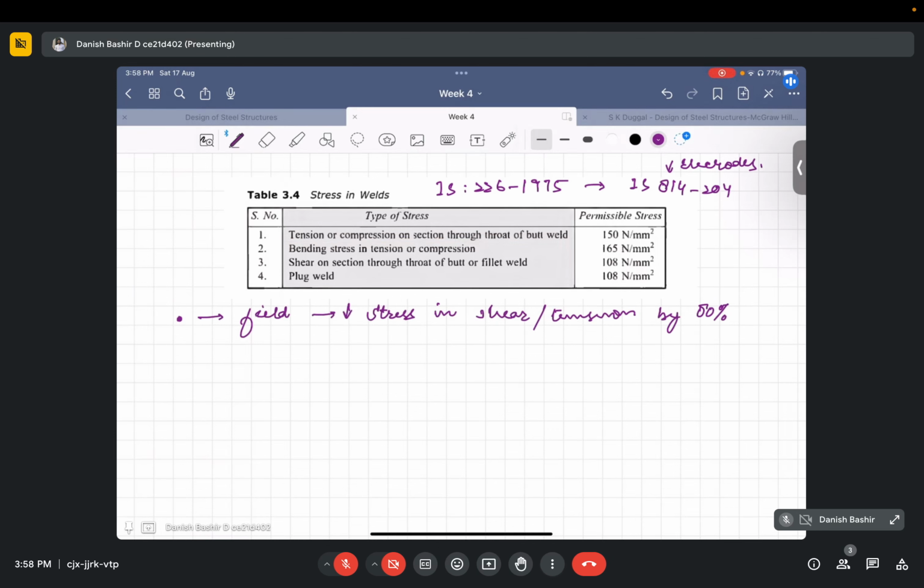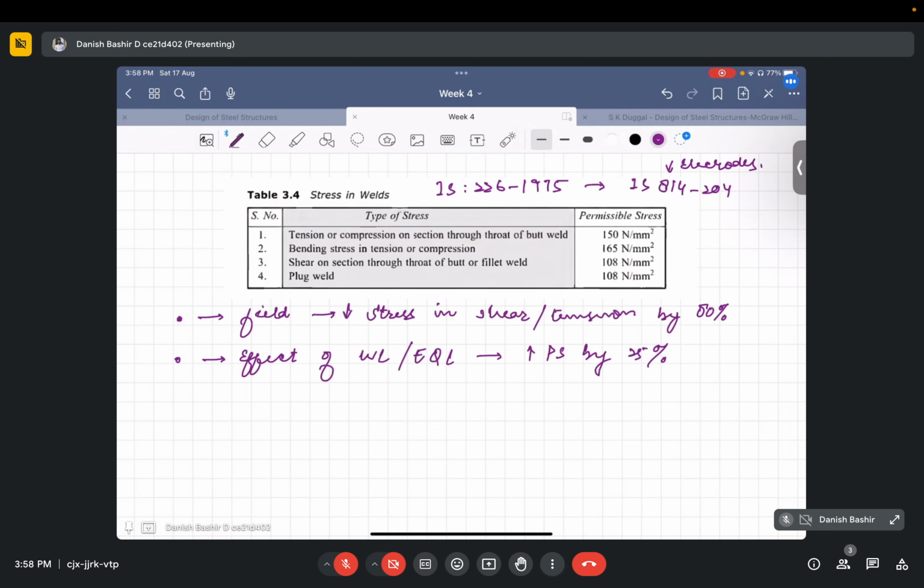Or if the effect of wind load or earthquake load is considered, we have to increase the permissible stresses by 25%. These were the two important points that I want to mention here.